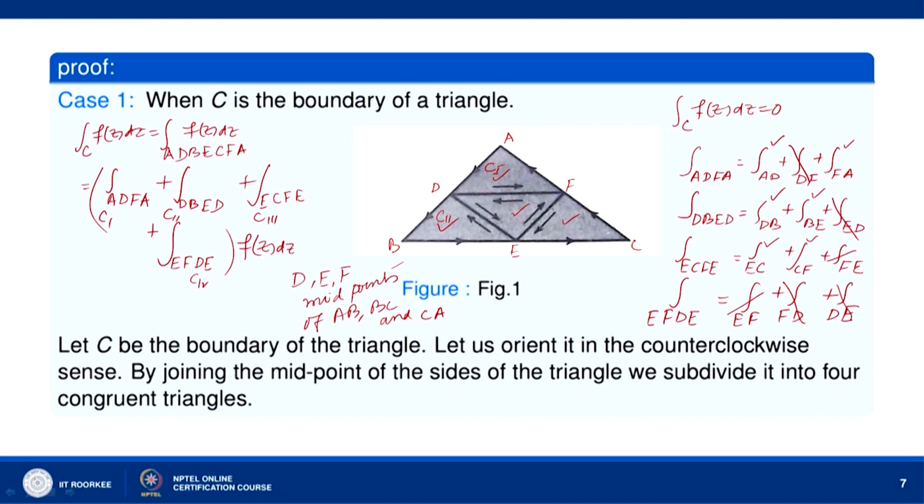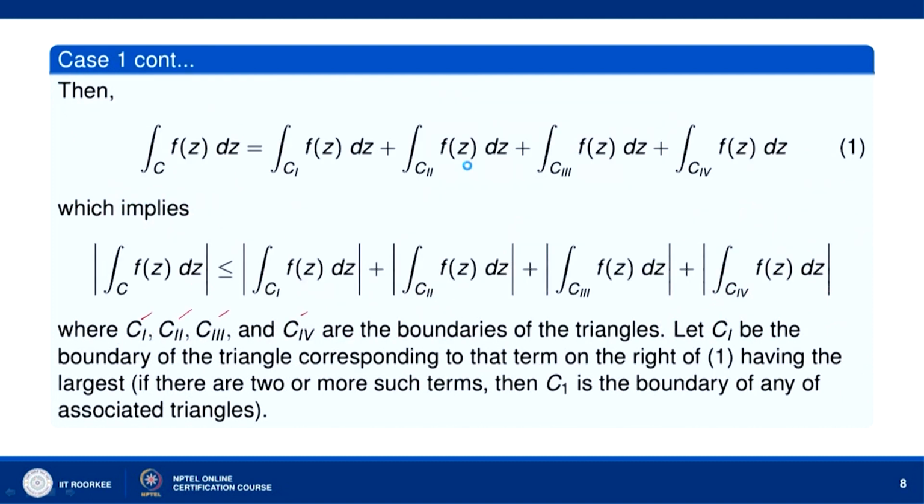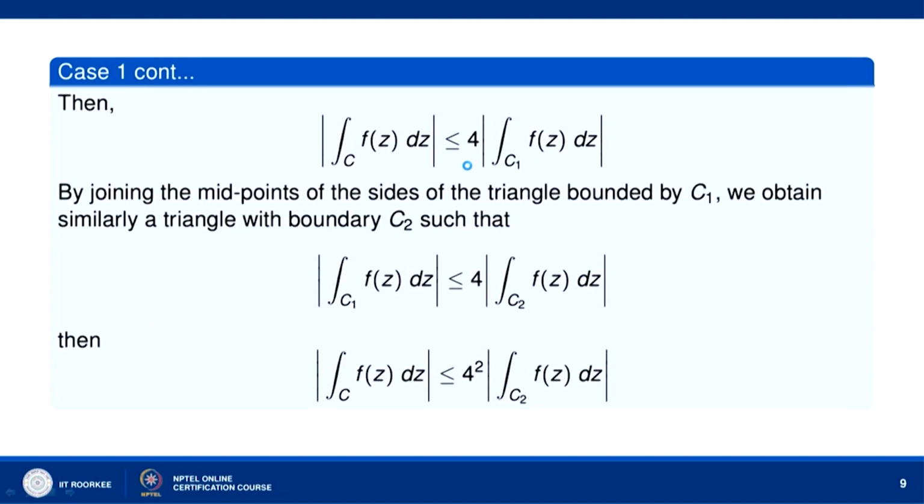Then that C1 is again subdivided into 4 congruent triangles by taking the midpoints of the sides of that triangle and joining them. By a similar process, joining the midpoints of the sides of the triangle bounded by C1, we obtain a triangle with boundary C2 such that the modulus of the integral over C1 of f(z) dz is less than or equal to 4 times the modulus of the integral over C2 of f(z) dz.